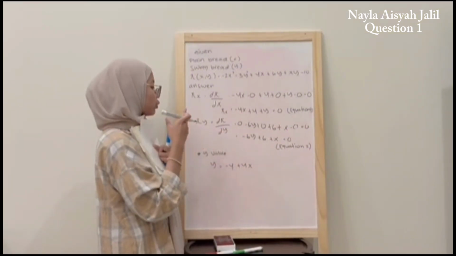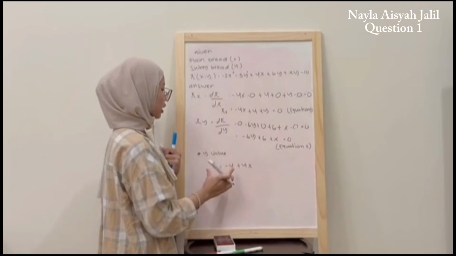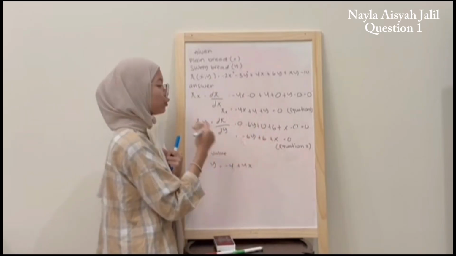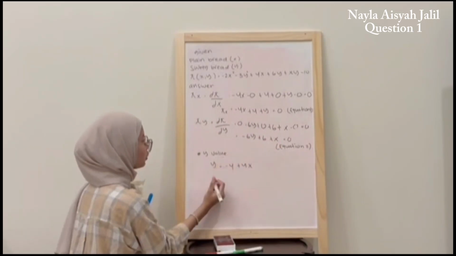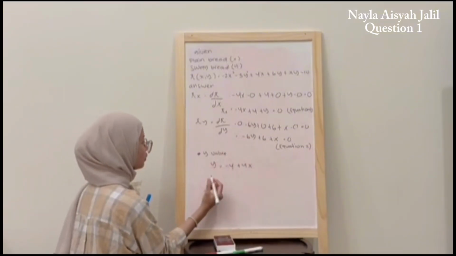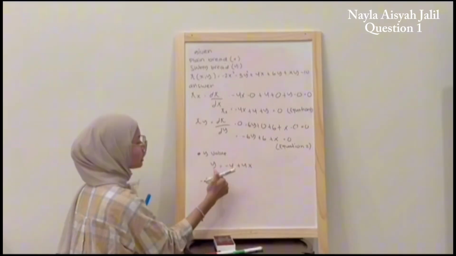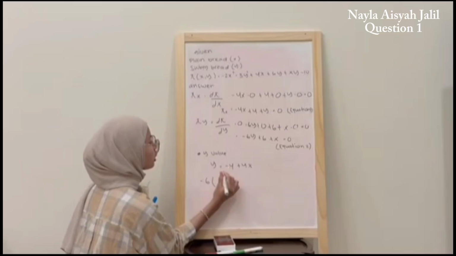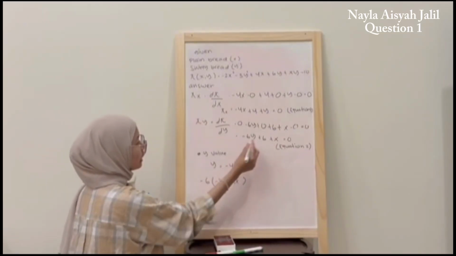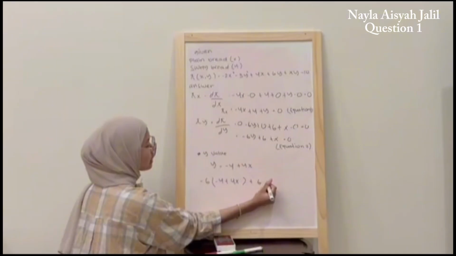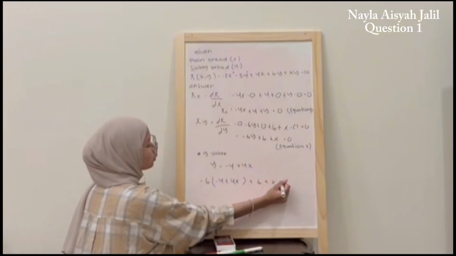So to find the x value, we can substitute the y value into equation 2 to find the x value. So we can input from there. Minus 6, this is the y value. Minus 4 plus 4x, and then plus 6 plus x equals 0.